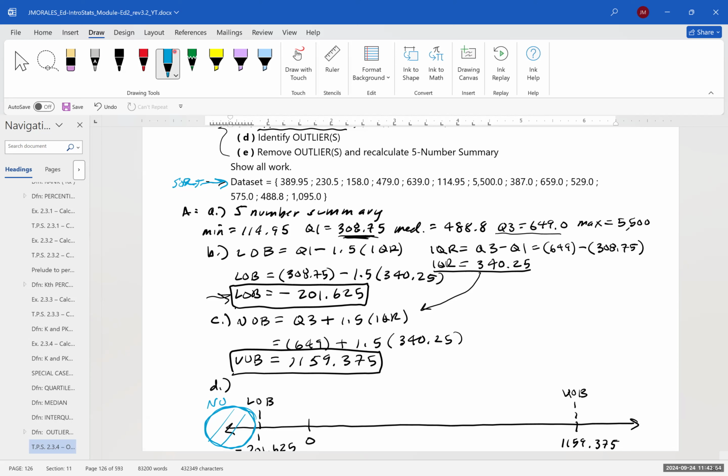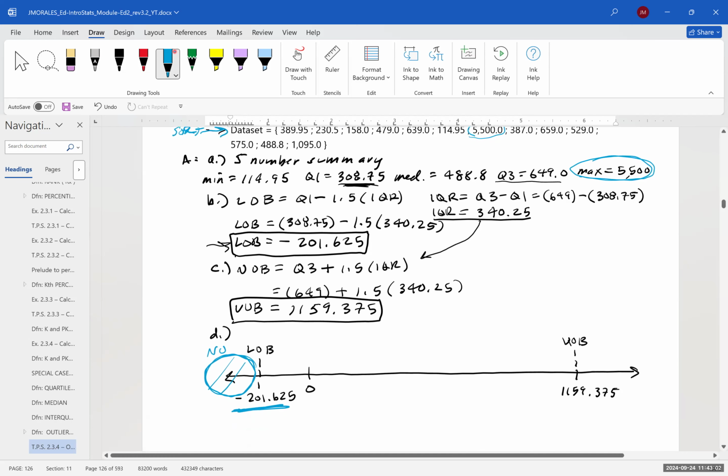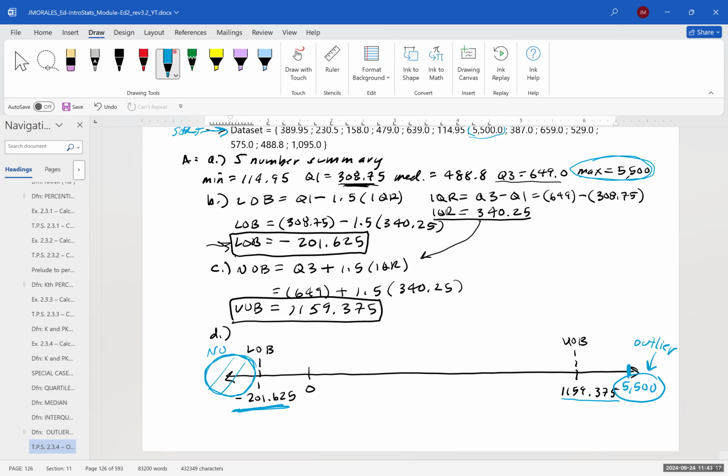We do have our maximum value of 5,500. That's right here. So 5,500 is going to be up here. 5,500 is larger than 1,159. So this value is going to be an outlier.